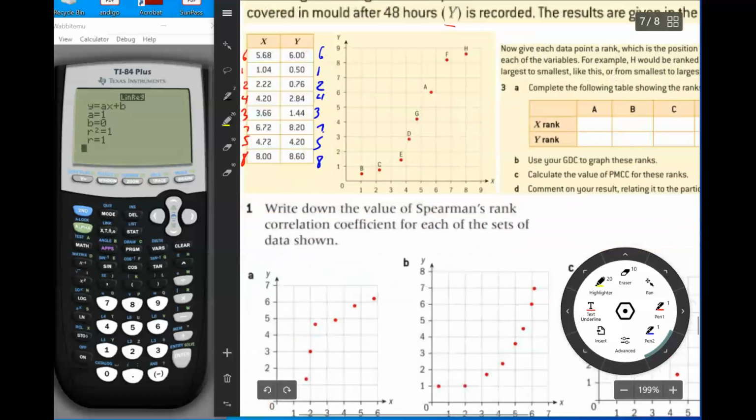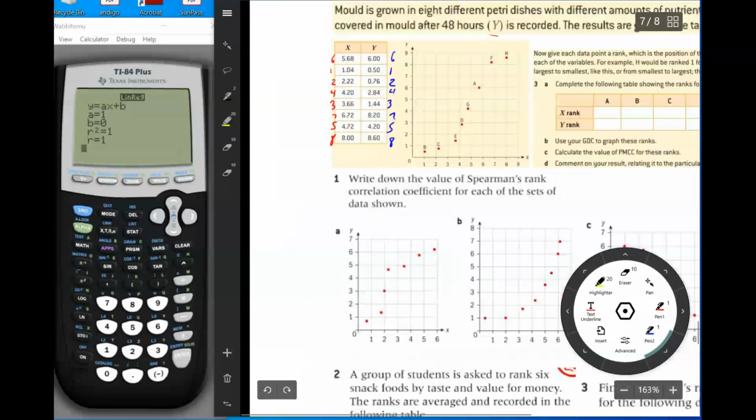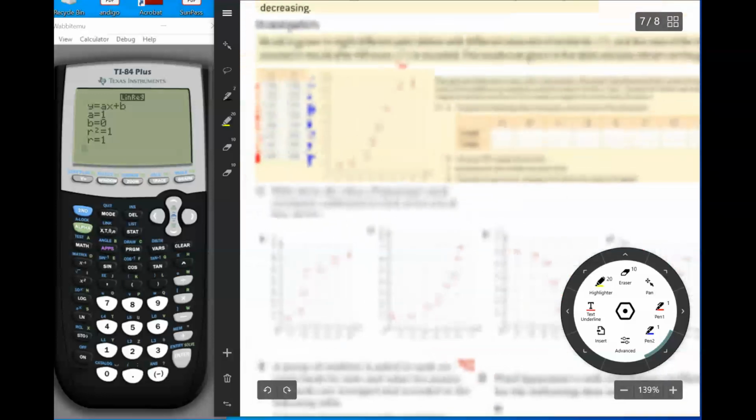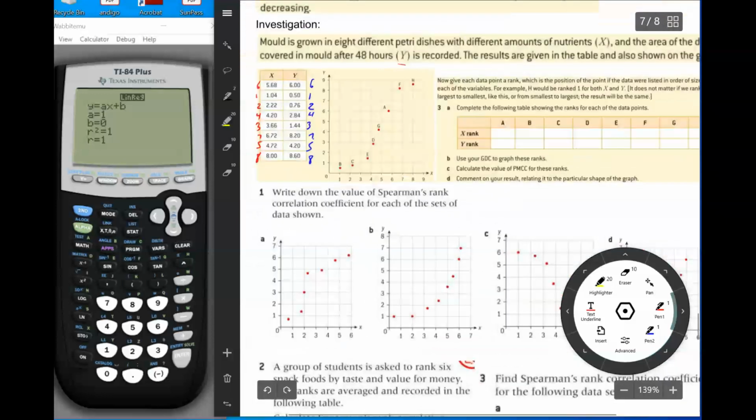But if we fill in the data table, which is right next to us here, we're going to see that 6, 1, 2, 4, 3, 7, 8 in red is also going to match 6, 1, 2, 4, 3, 7, 8 in blue.